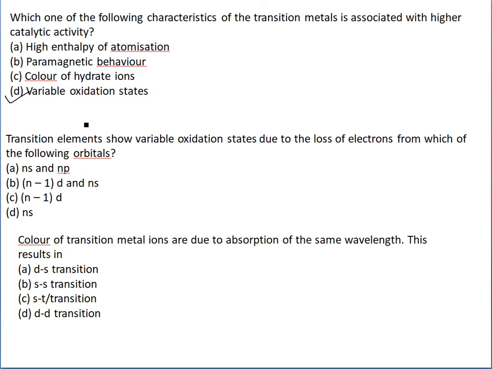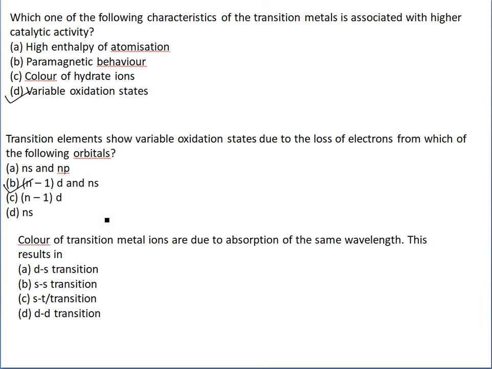Next, transition elements show variable oxidation state due to loss of electrons from which of the following orbitals? They show a variable oxidation state because they have a large energy gap between n-1 d orbitals and n orbital. That's why the oxidation states are variable, different. Clear?